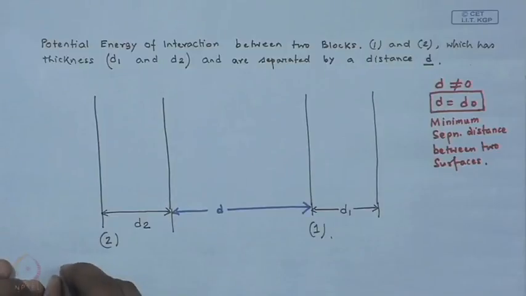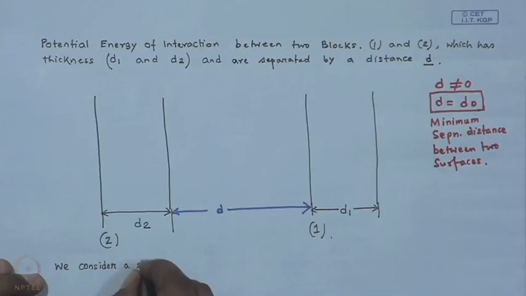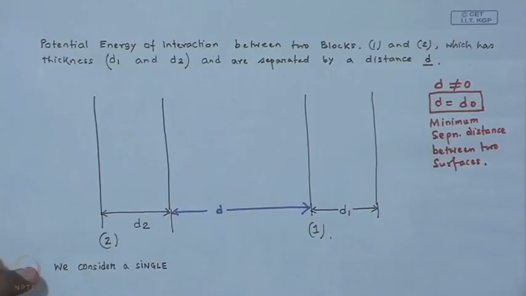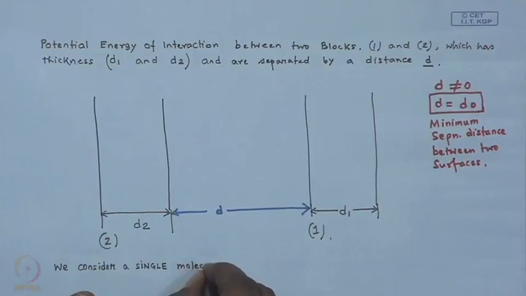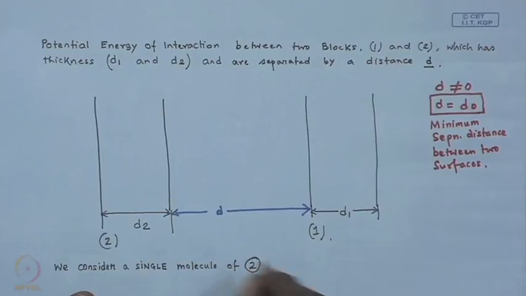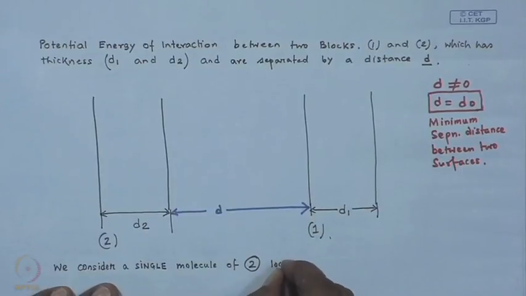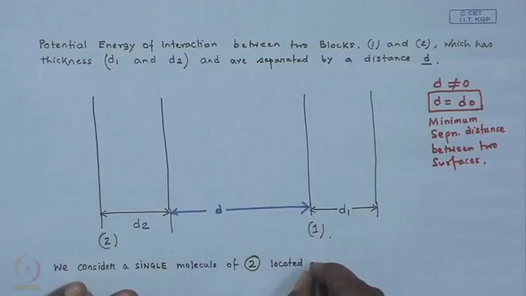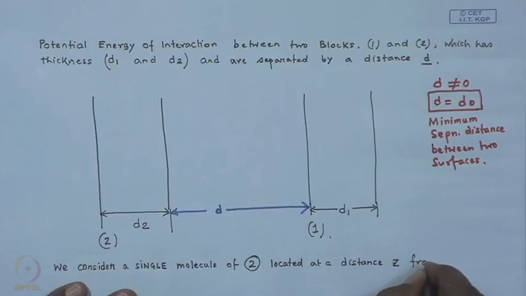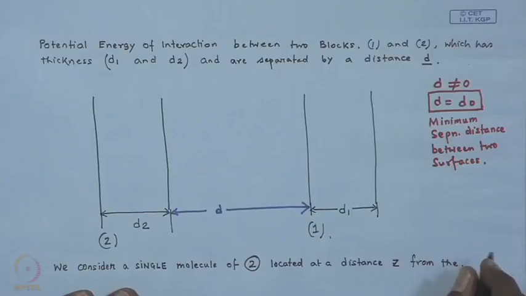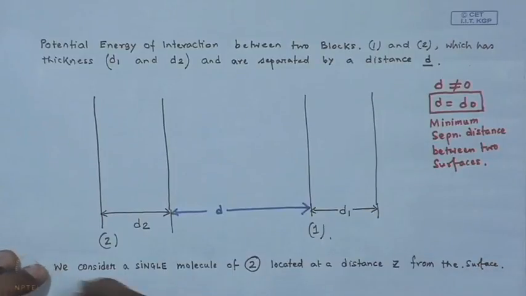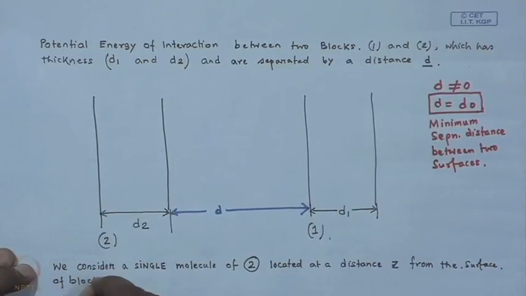is we consider a single molecule of 2 located at a distance z from the surface of block 1.